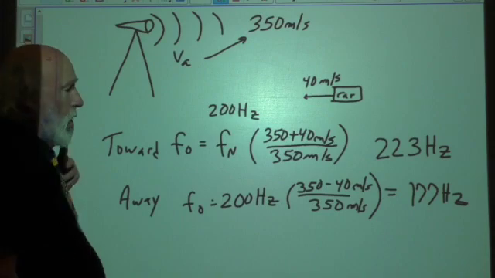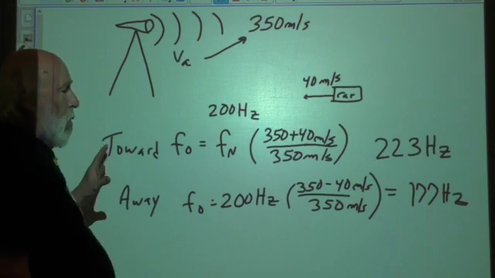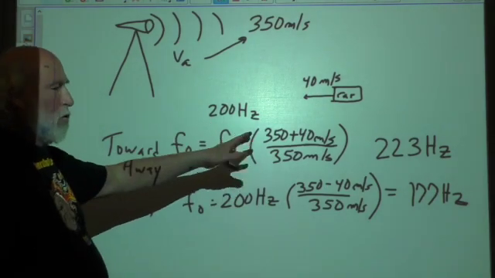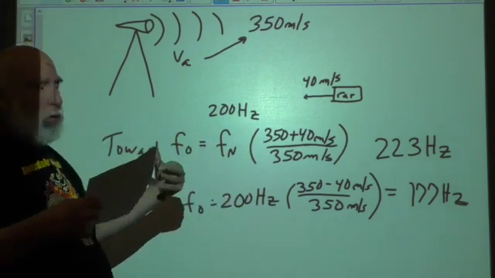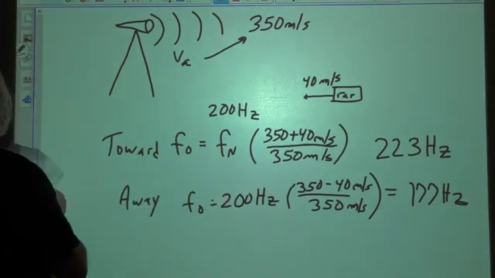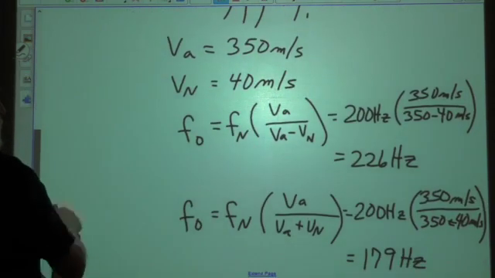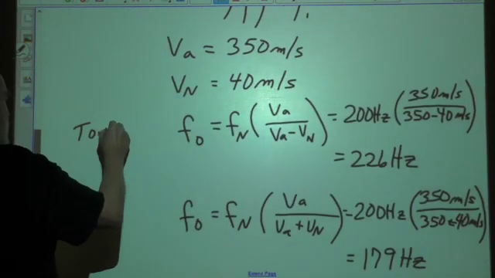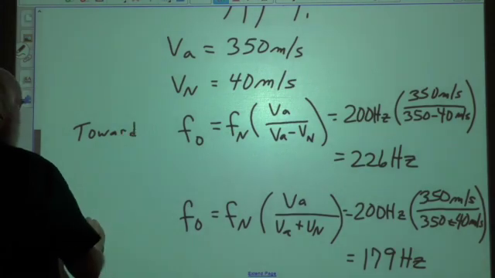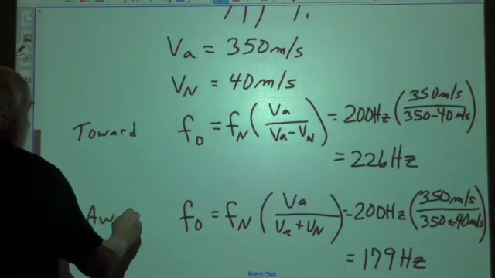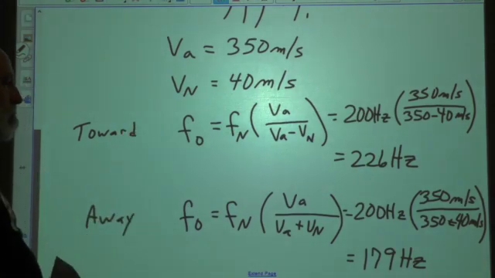So you watch particularly which form you use, depending on if you're going toward or away. This, like I said, is toward on top and away on bottom. And I probably should put that here. This is toward here, and this is away here.